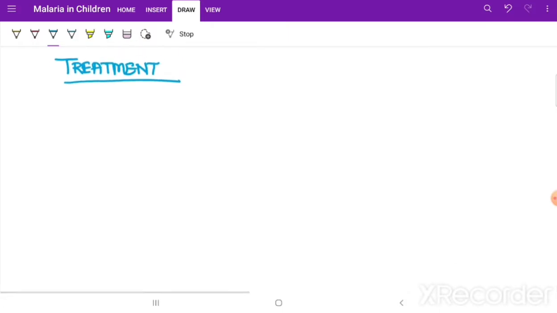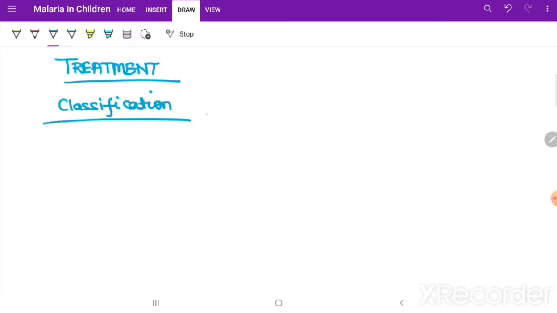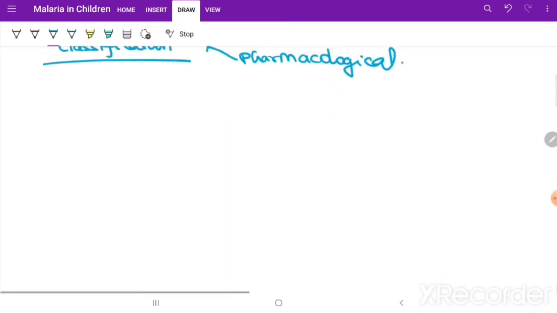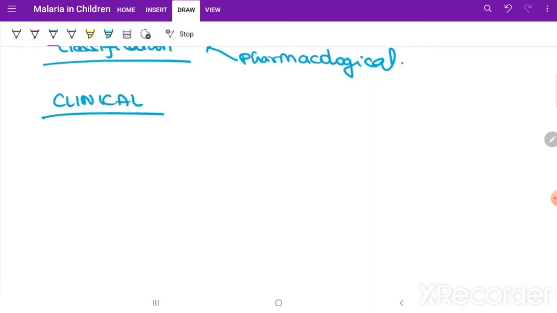In treatment, the first thing I'll talk about is classification of the drugs. The classification of drugs which you should know is of 2 types: one is clinical classification, and one is pharmacological or chemical classification. In clinical classification, number one, we have causal prophylactics.